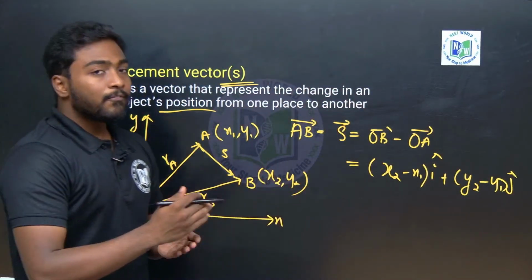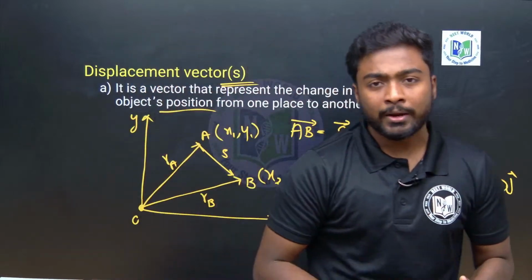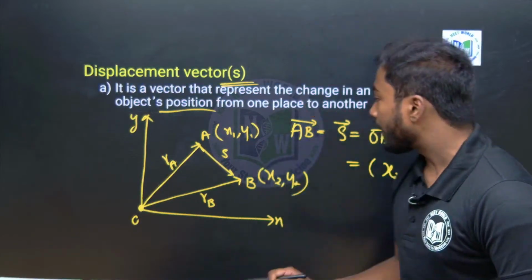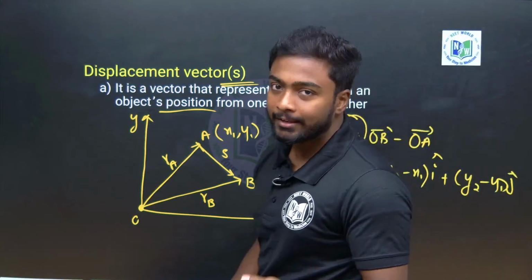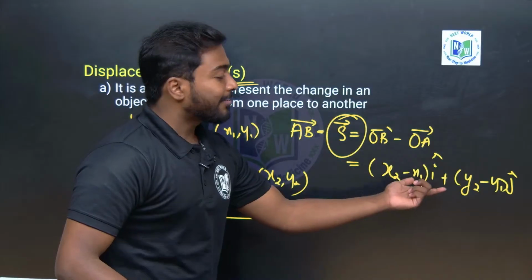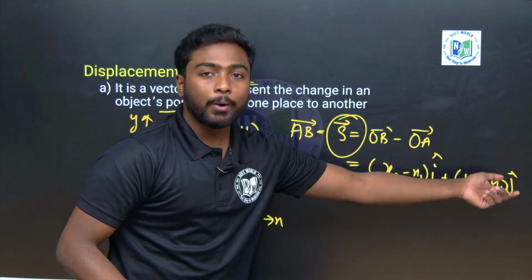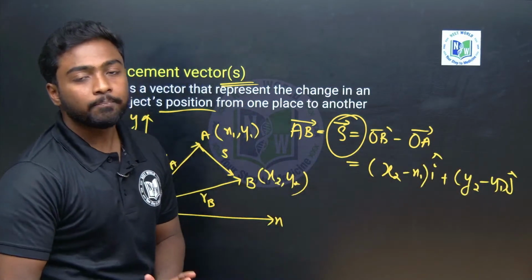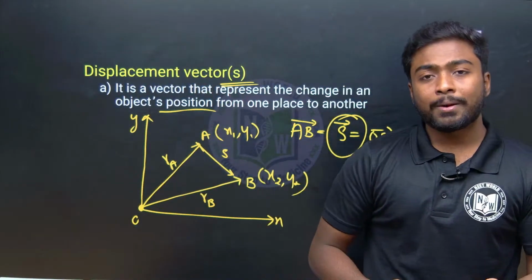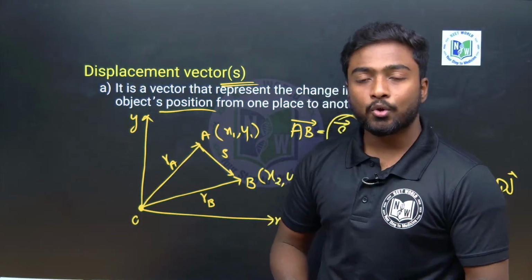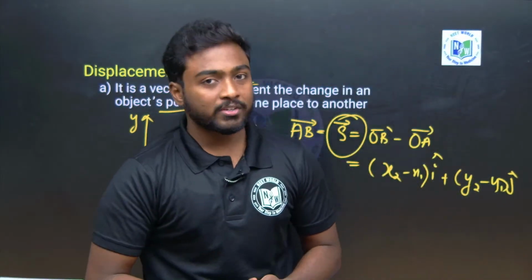Understood? When there is a change in position vector, I will say it is a displacement vector, denoted by the letter S. In terms of x, y, z, it will be x2 minus x1, y2 minus y1, z2 minus z1.